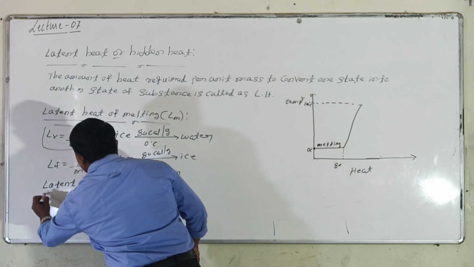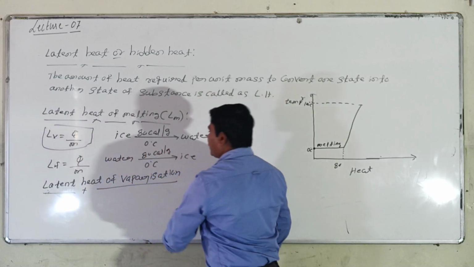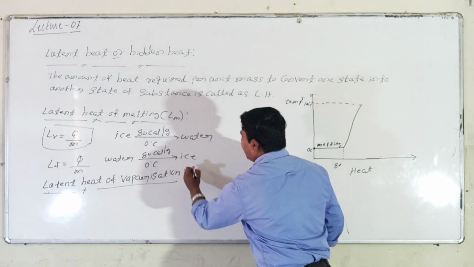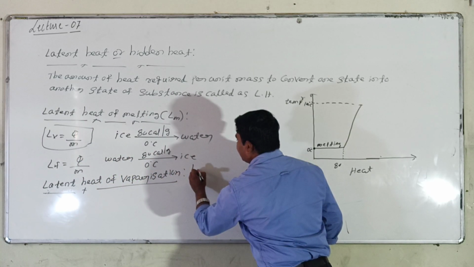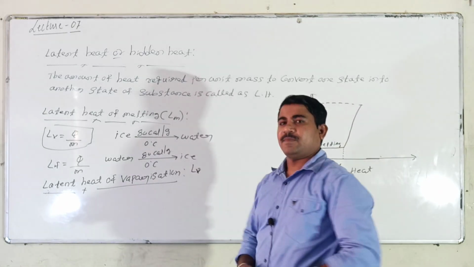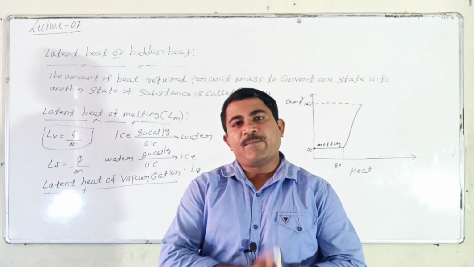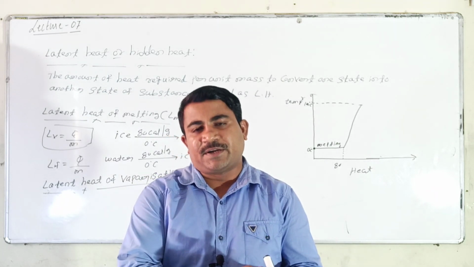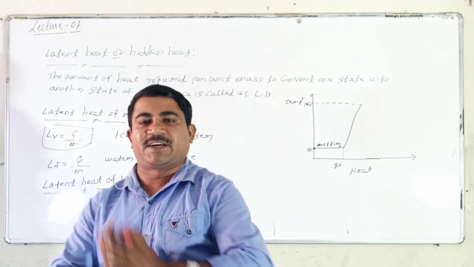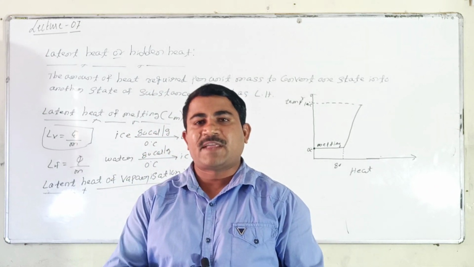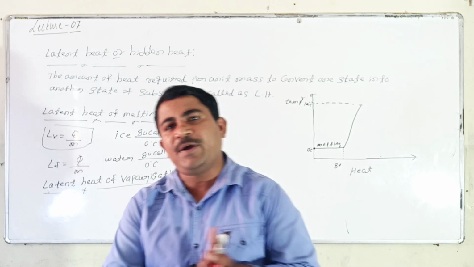The latent heat of vaporization is represented by LV. It is the amount of heat required to convert liquid state into gaseous state.